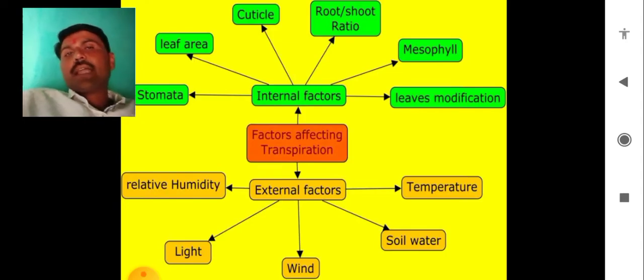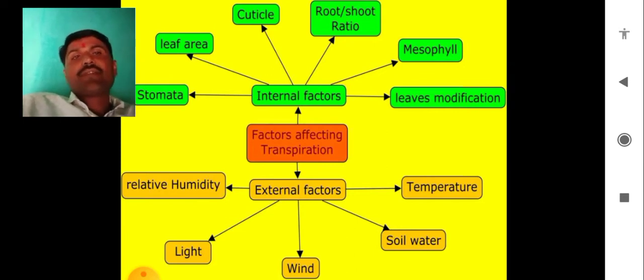Then the shoots: most plants' shoots or stems take part in transpiration, and roots too. Leaf modification is another internal factor which affects transpiration.